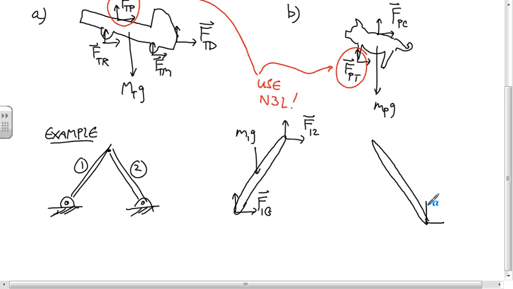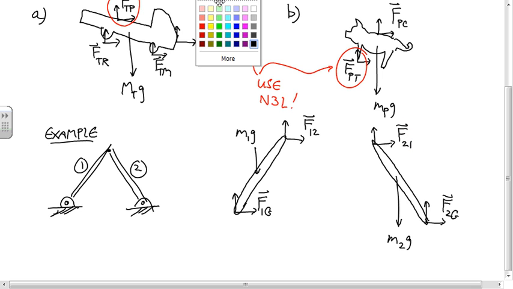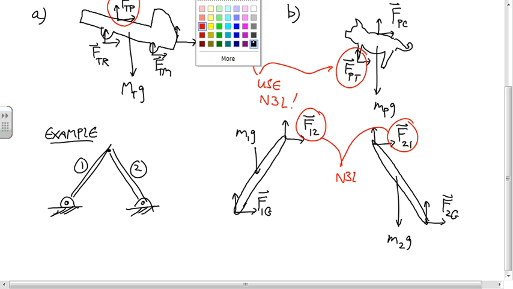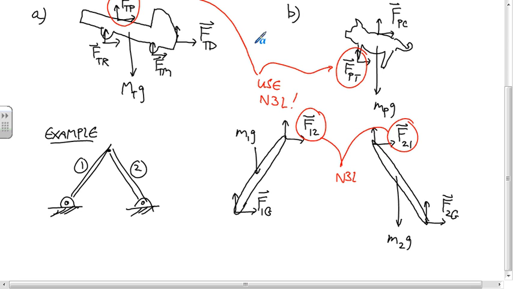And this one has the force vector F on 2 by the ground, the weight force M2G, and then up here you have the force on body 2 by body 1. And these two again are going to be the place where Newton's third law comes in. Any questions about that?